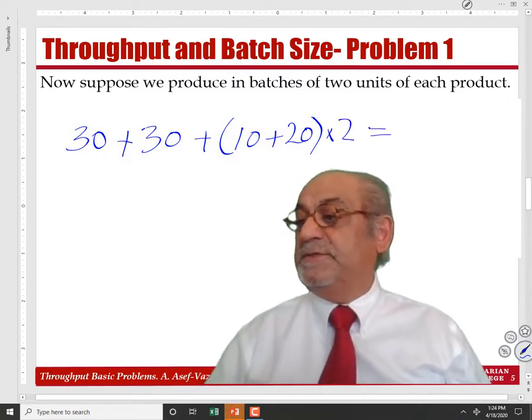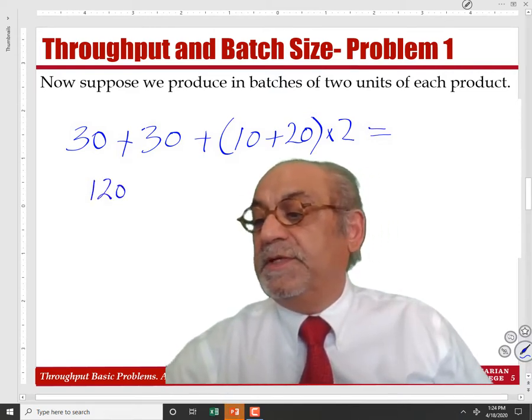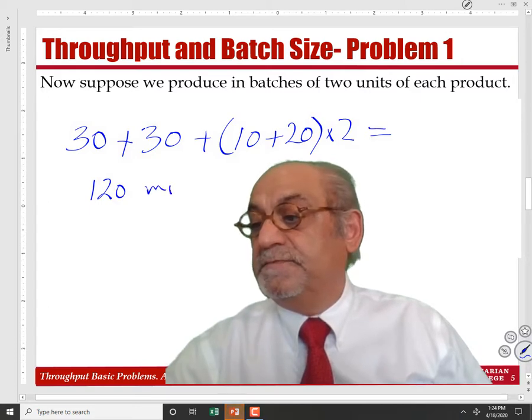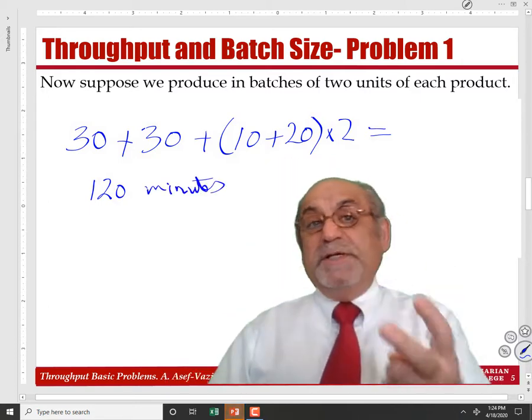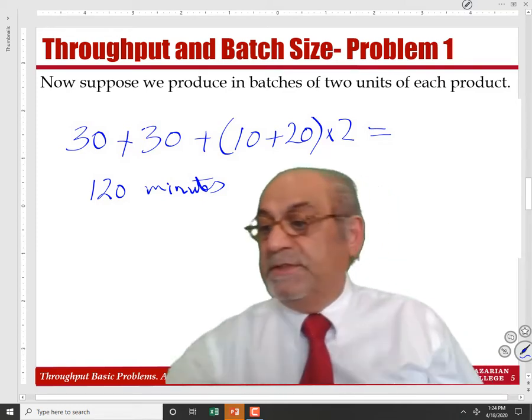That is equal to 120 minutes. So for each pair of 2 products, I need 120 minutes.